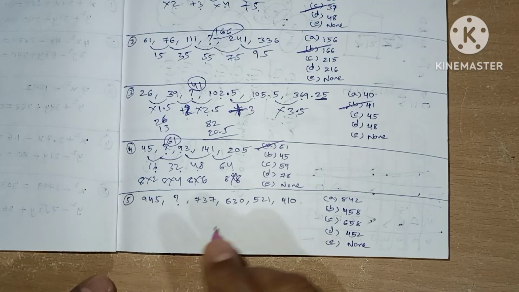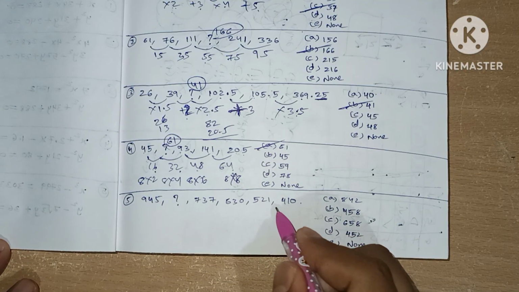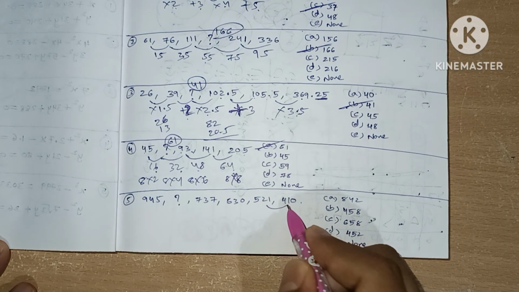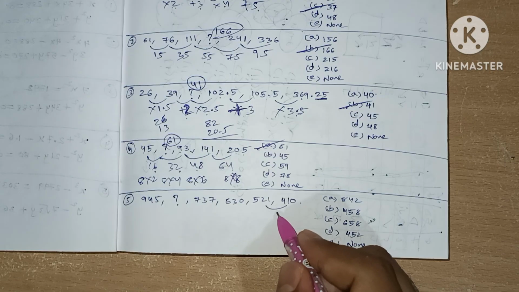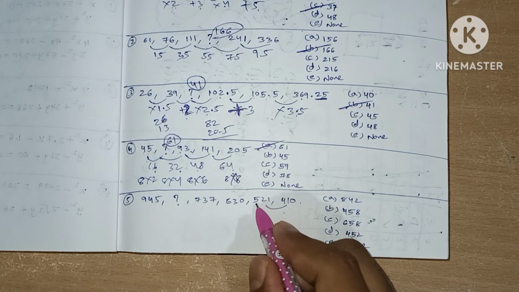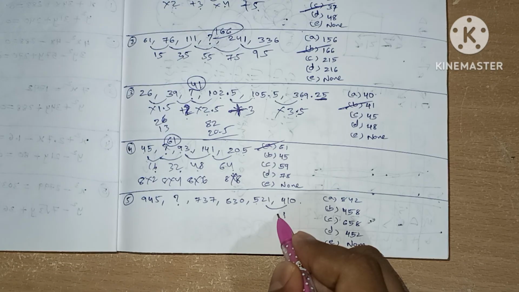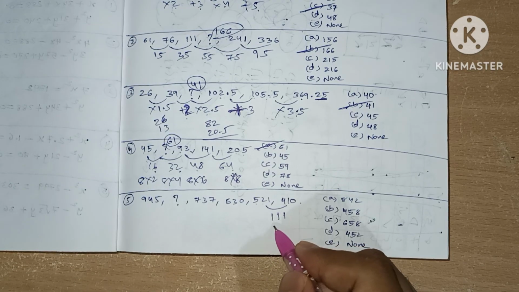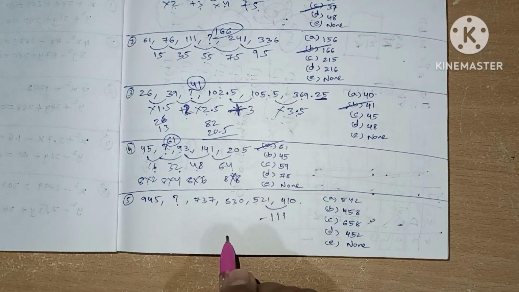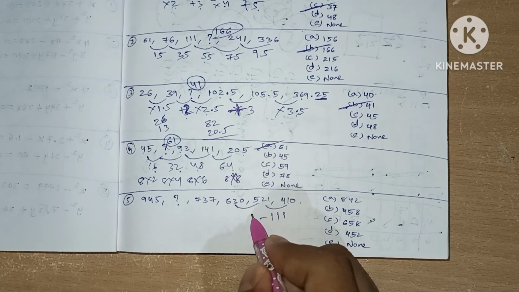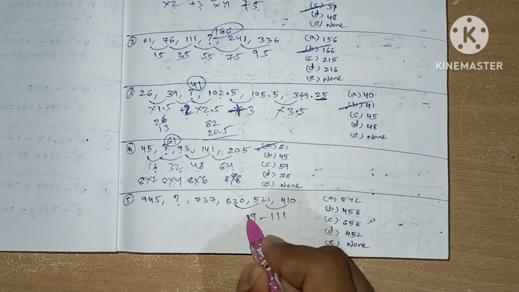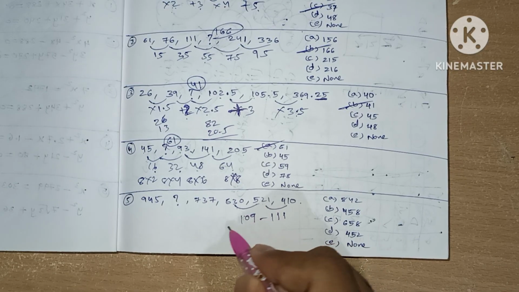Fifth question. Here we see a difference of 521 minus 1, 1 and 1, 111. Next, here we see a difference of 9, 0, 109.